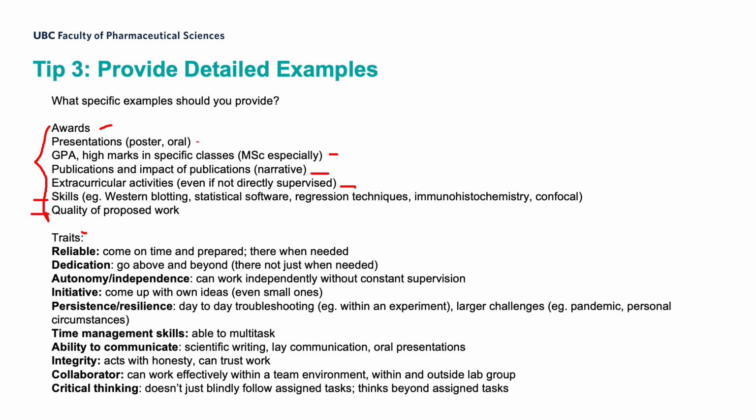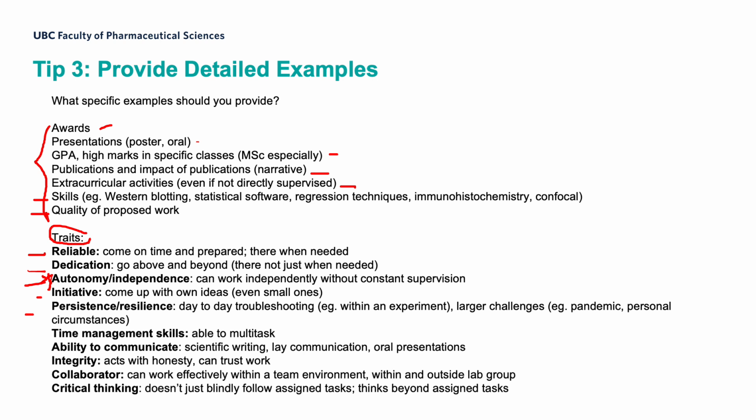And then in terms of traits, I mentioned a couple of these, like initiative and autonomy. You don't have to touch upon all of these, but I would at least recommend thinking about all of them, and for sure including some. So traits like being reliable, being dedicated, having autonomy or independence, which is a pretty big one, especially at the PhD level.